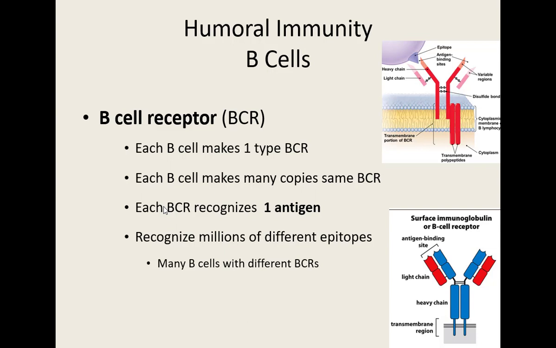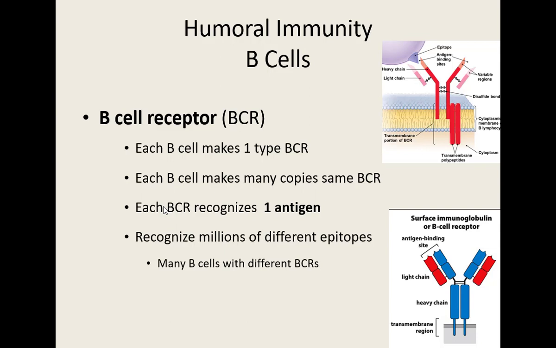On another one, it's covered in little orange Ys. When I say covered, I'm drawing 4 or 5. You could have thousands of B cell receptors all over it. And my third B cell up here has little green Ys.